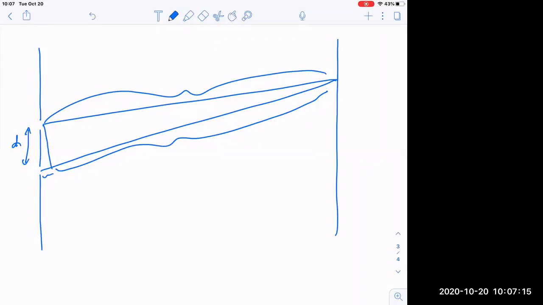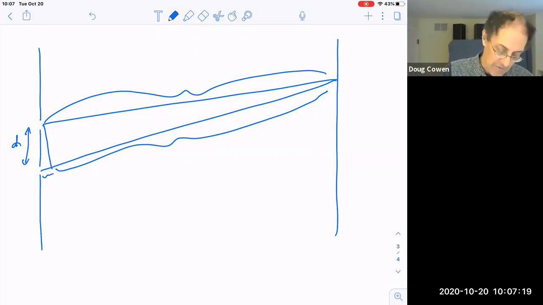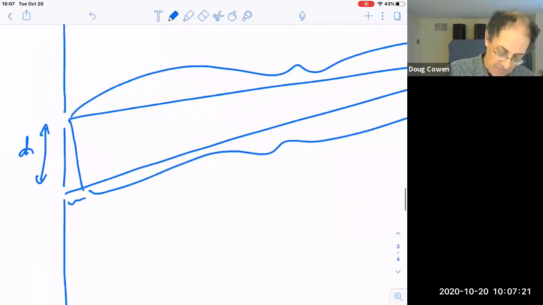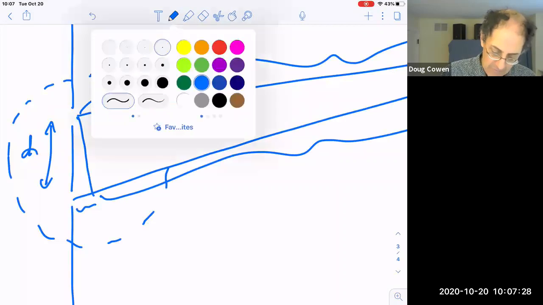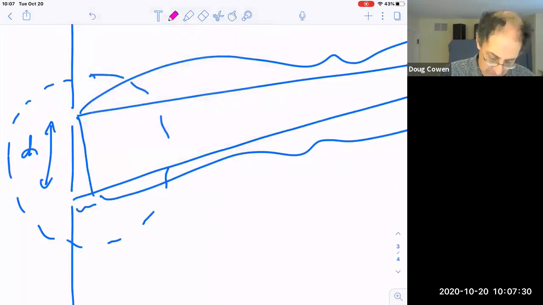Okay. But when you zoom in on this region right here, these two lines, which I'm just going to highlight with a different color temporarily, look like they're parallel. And that's what was drawn in the previous figure.